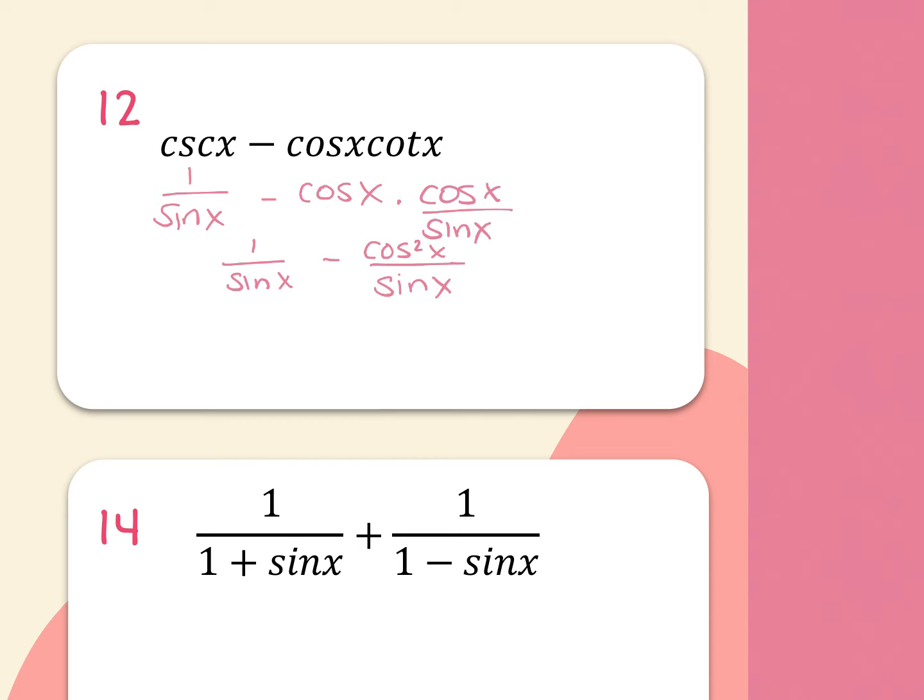Are my denominators the same? Yes. So I can combine this into one fraction. 1 minus cosine squared x over sine x. Then what?